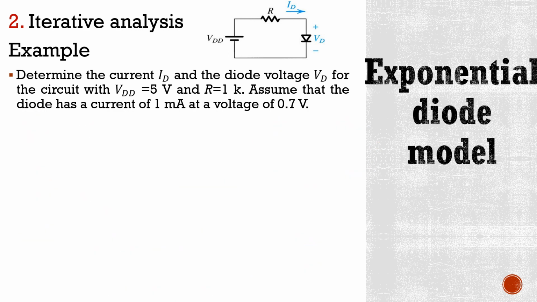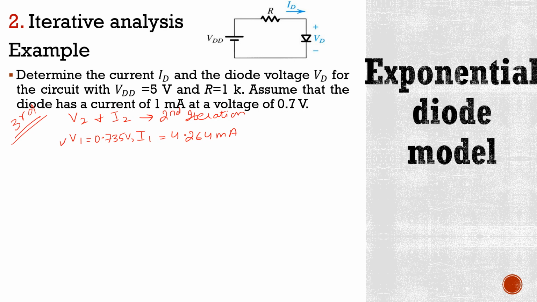Now we will start our third iteration. The third iteration proceeds in a similar way. It means the values of V2 and I2 that are obtained in the second iteration will become V1 and I1 in this third iteration. So here V1 is 0.735 volts and I1 is 4.264 milliamperes.